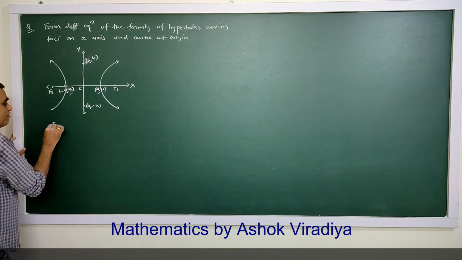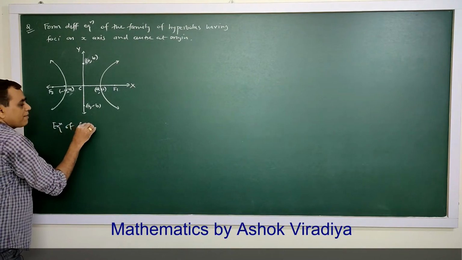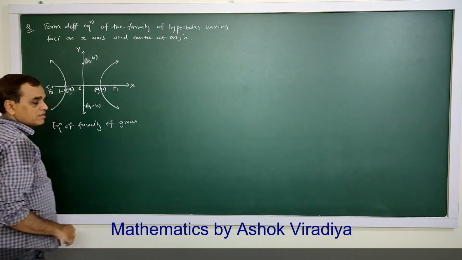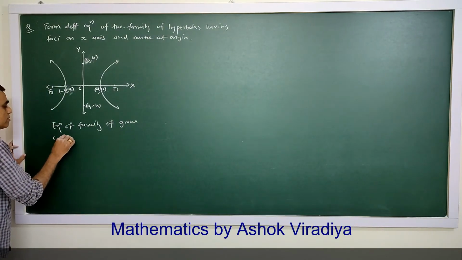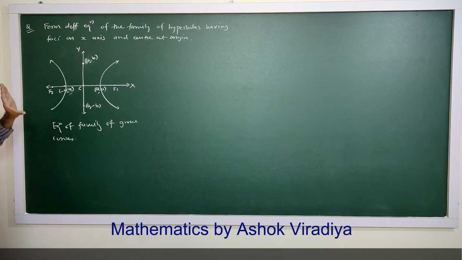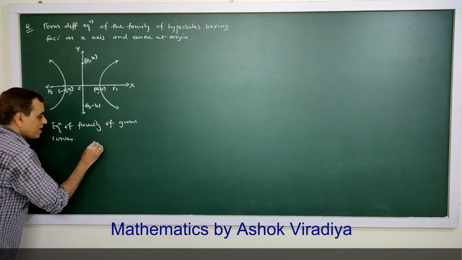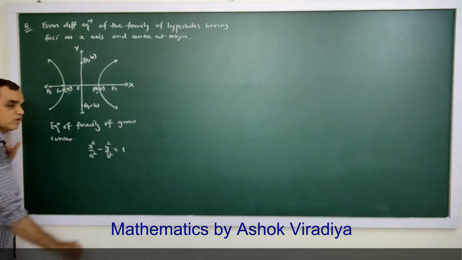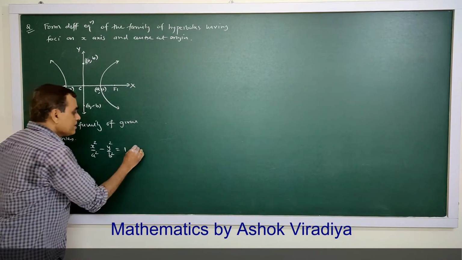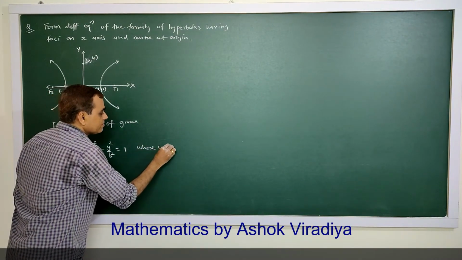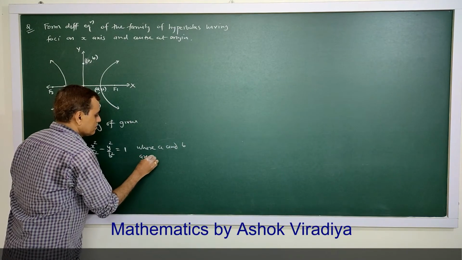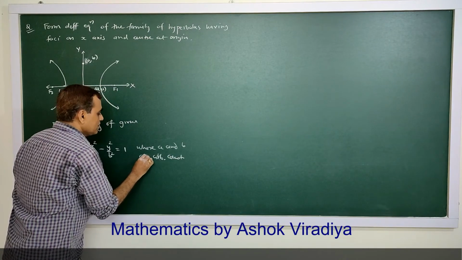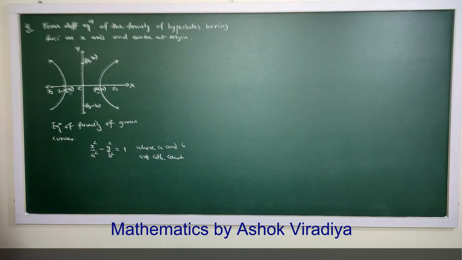So the equation of the family of given curves, we know the equation of this family is x square upon a square minus y square upon b square equal to 1, where a and b are arbitrary constants. So there are two arbitrary constants.